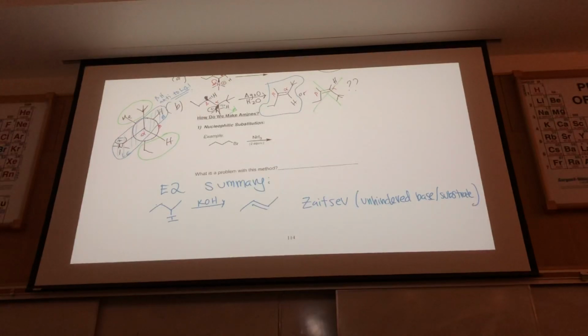Okay, so contrast that with the other slide where we had the Hoffman example. Take a bulkier substrate, and then you take a bulkier base. I'll make it even more, you know, obviously bulky, like triethoxide. I'll move this up.